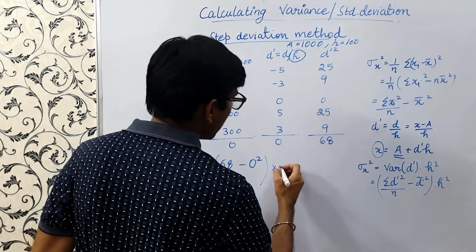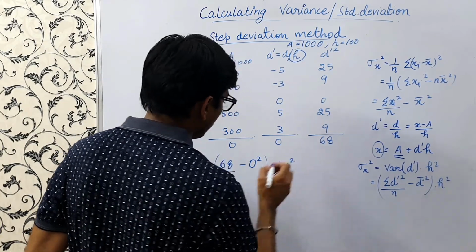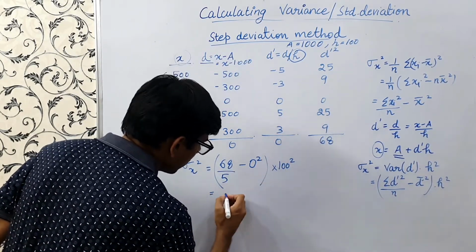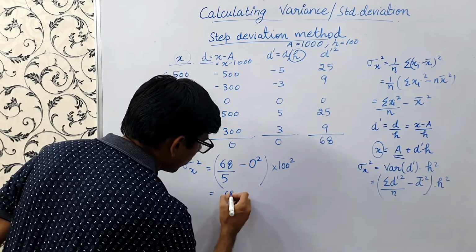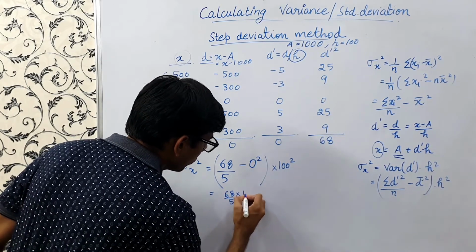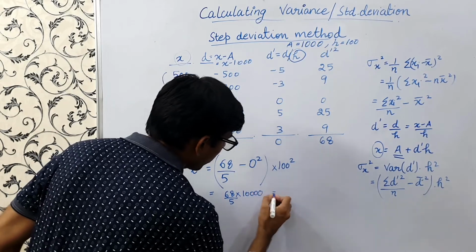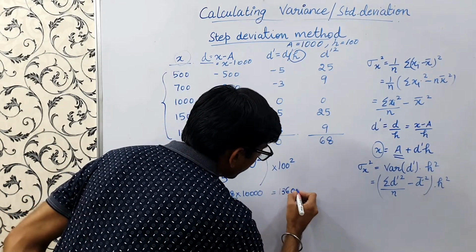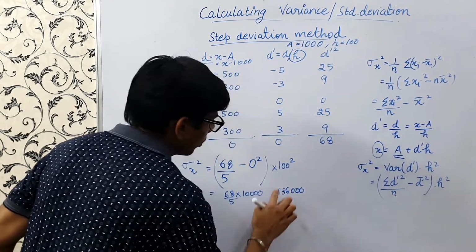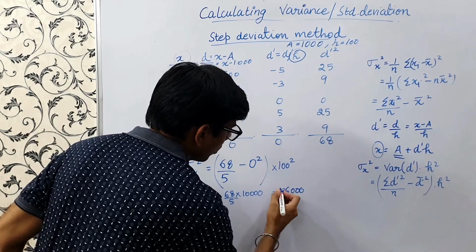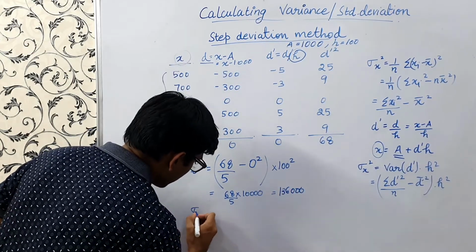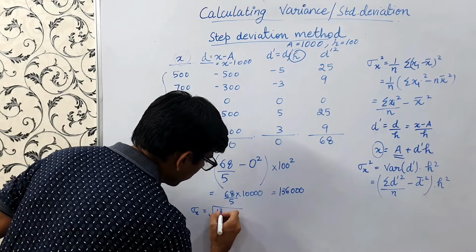H is nothing but 100. So this is 68 by 5 into 136,000, and sigma x is just root of this.